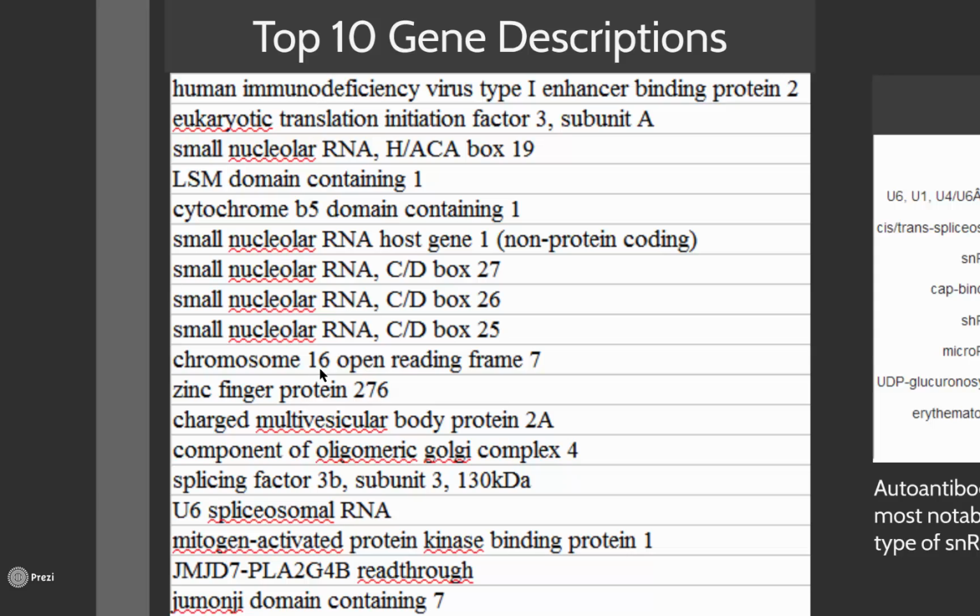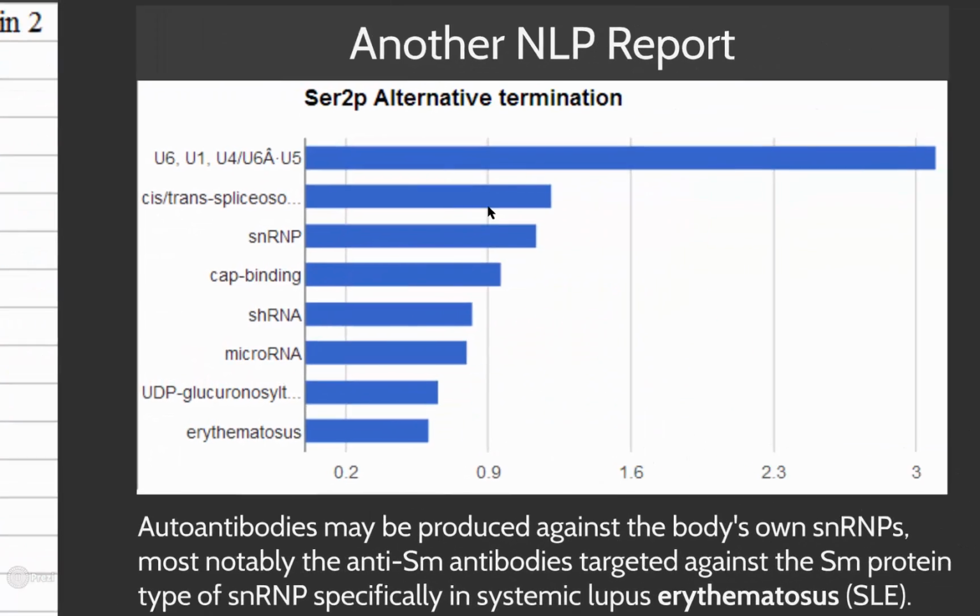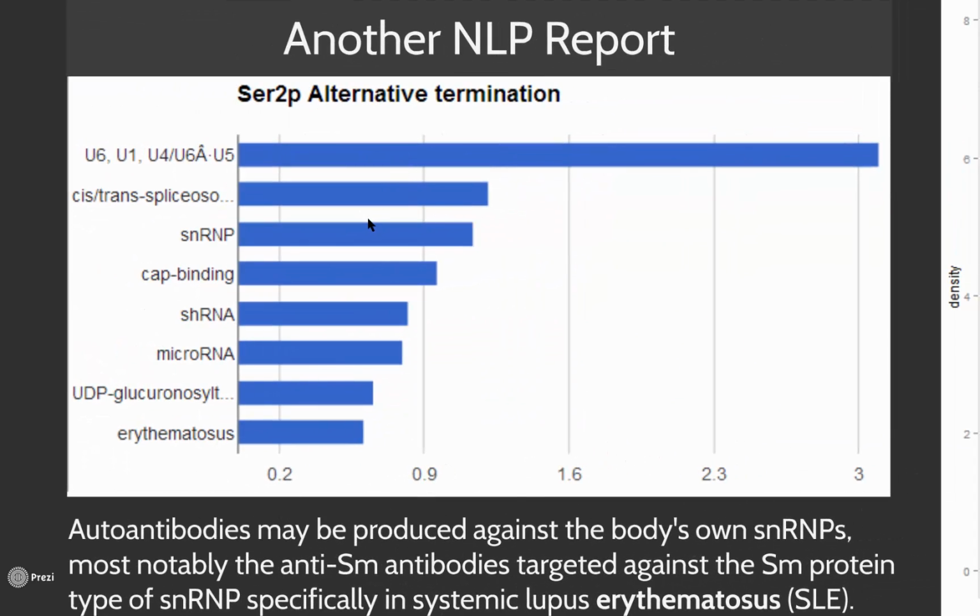If we take a look at the top 10 genes applying the same process, we see that a lot of these genes are small nucleolar RNAs, which possibly explains how a lot of the terms we got had to do with small nucleolar RNA. If we look at the actual NLP report for these genes, we see all the snRNPs, which I've grouped up here at the top.